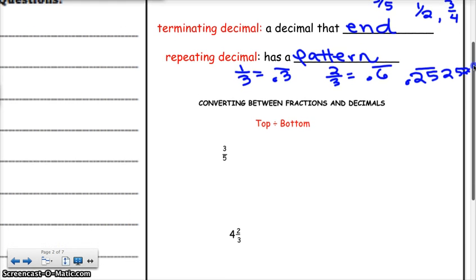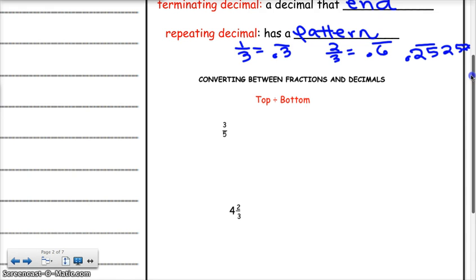All right. So, recap from 6th grade. Converting between fractions and decimals. You want to go top divided by bottom. That means that the bottom number goes on the outside, the top number on the inside. Now 5 does not go into 3, so I need to add a decimal.